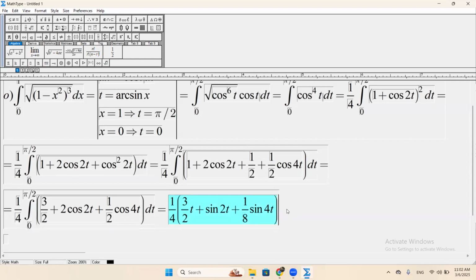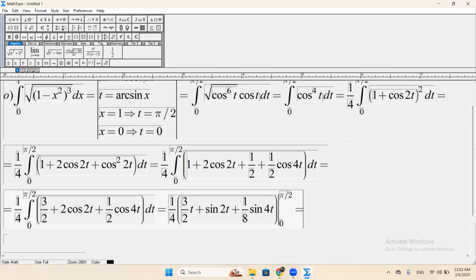And this expression will be simplified; a lot of addends will be eliminated. Sine of 2t with substitution of pi over 2 is sine of pi, which is equal to 0. Sine of 0 is always 0. Sine of 2pi equals 0. So what interests us is only this addend, and when t equals 0, it is also 0.